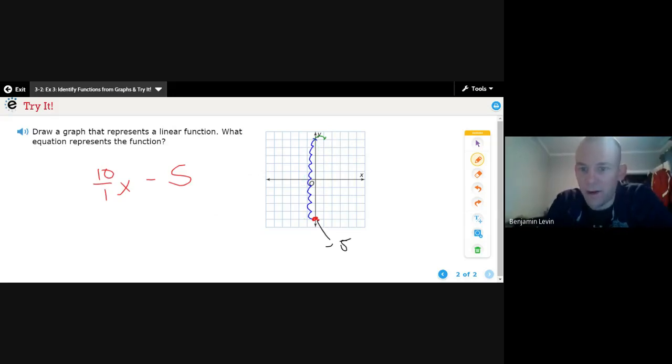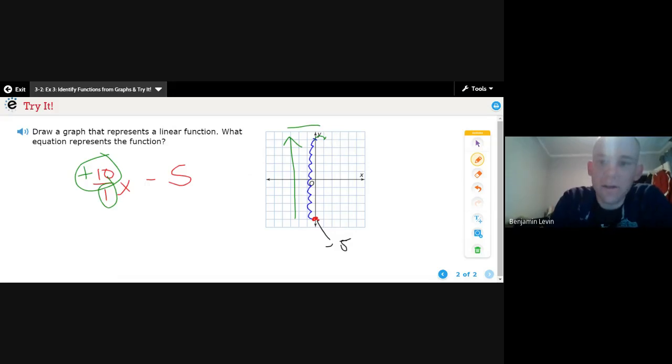I was just counting my 10 spaces, and then I counted my 1 space to the right. Because you are correct that we always go right when we're doing slope. If it's positive, we go up. And since it's positive, we went up 10, and then we have 1. So we went over to the right 1 space.